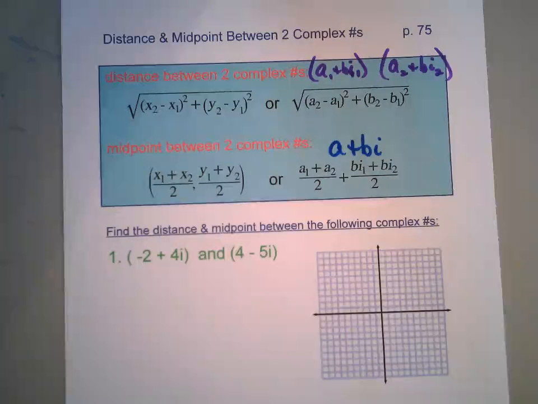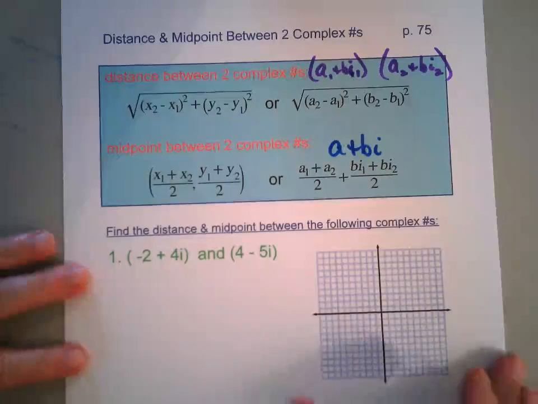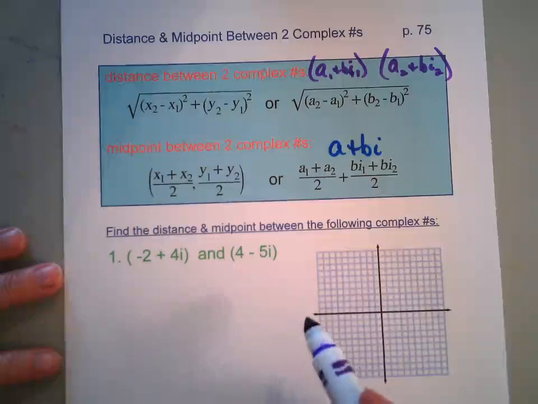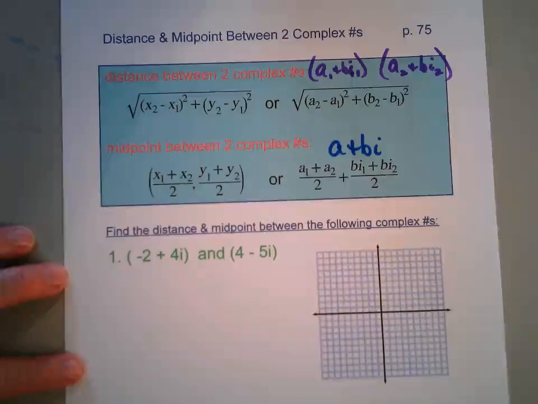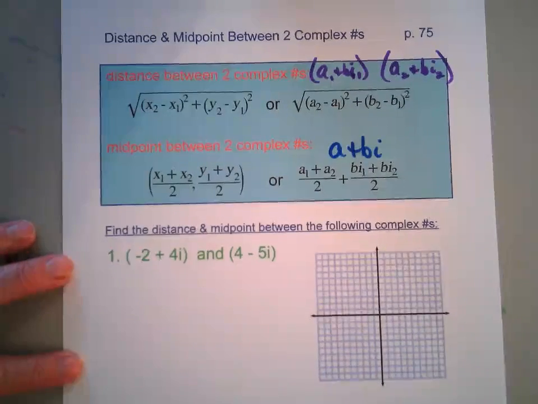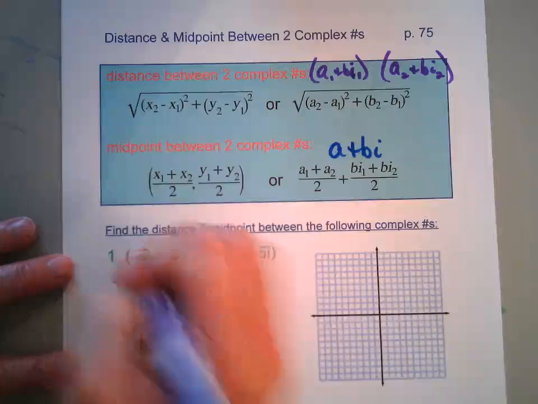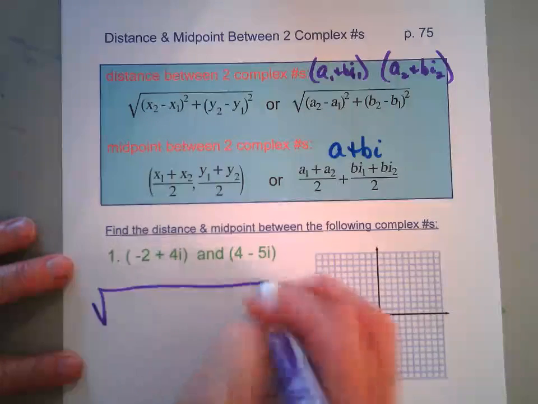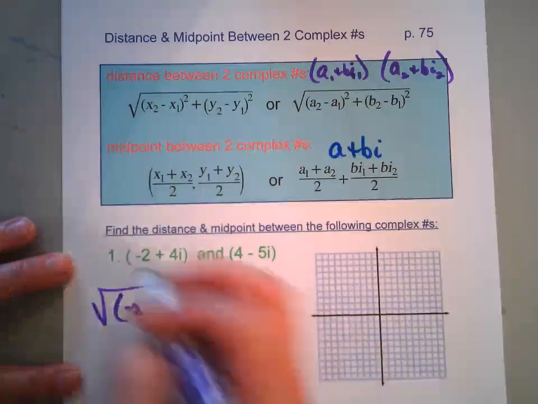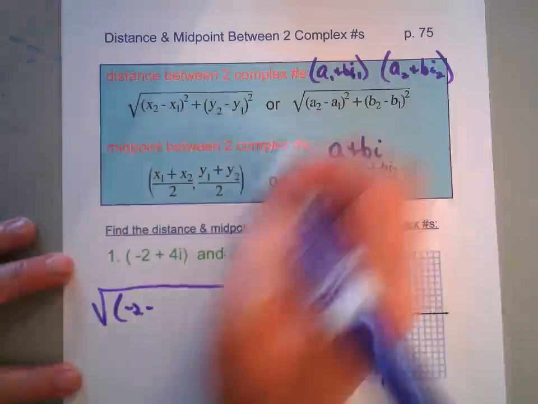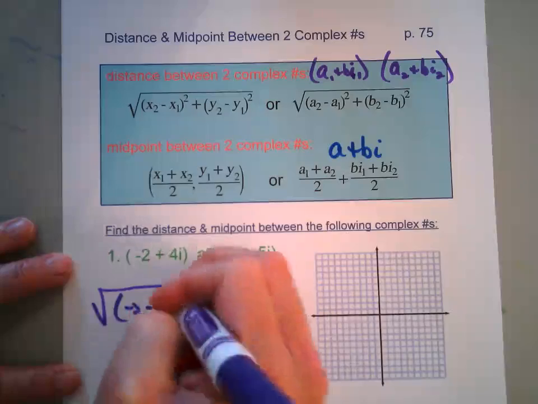If you have the opportunity, actually you don't have to, but I'm going to show you an alternate way to do the distance. So we'll play around with the distance formula just because it's there. So let's go distance formula, negative 2 minus 4, we'll square that.